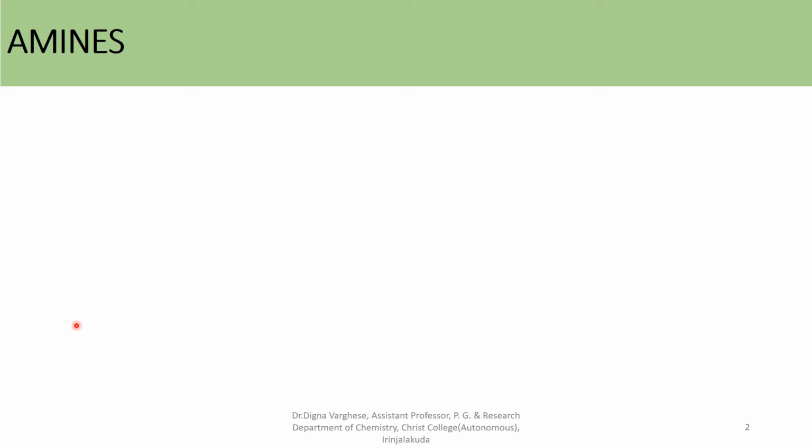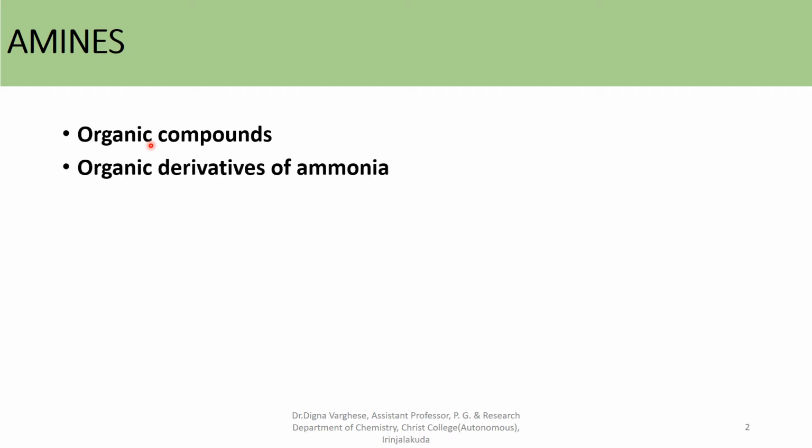So let's move on to the first topic, that is, what is an amine? Amines are organic derivatives of ammonia. What is ammonia? Ammonia is a nitrogen and hydrogen containing compound. Its molecular formula is NH3.